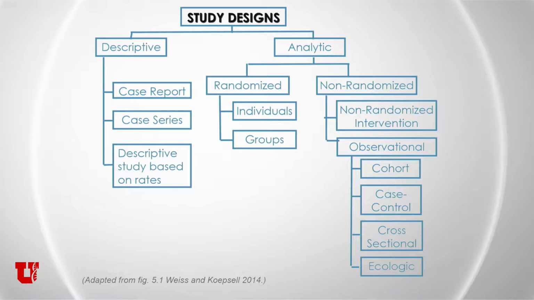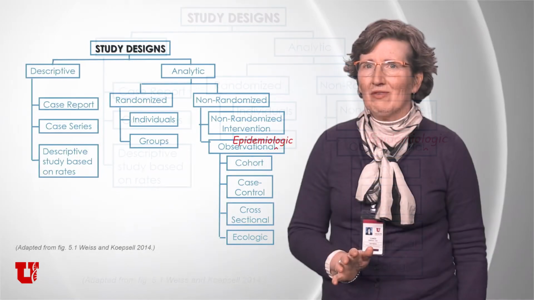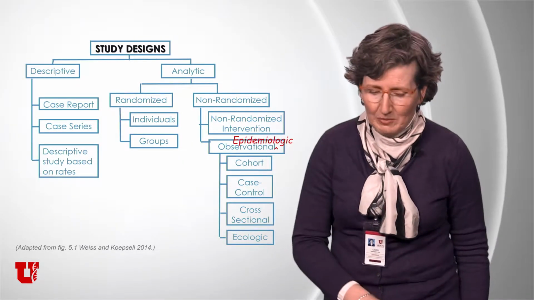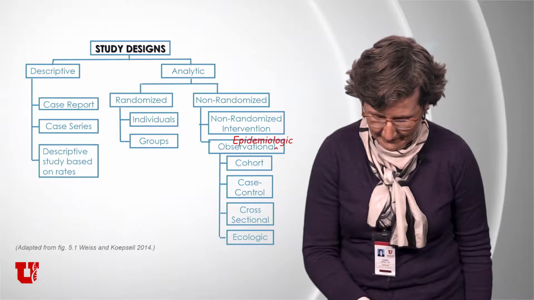And really, in my way of thinking, observational studies are the purview of epidemiology. So we will be talking about those four in this lecture: cohort, case control, cross-sectional, and ecologic. Actually, we're going to talk about randomized trials a little bit too, but I'll get to that. So in my way of thinking, the purview of epidemiology are these observational study designs.